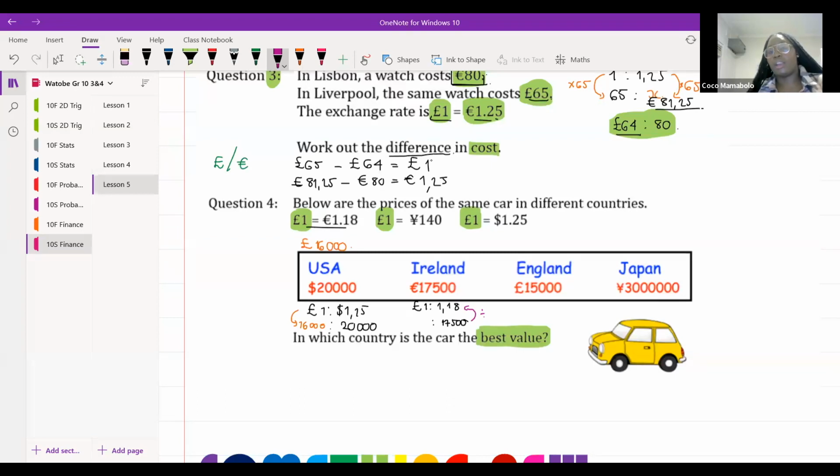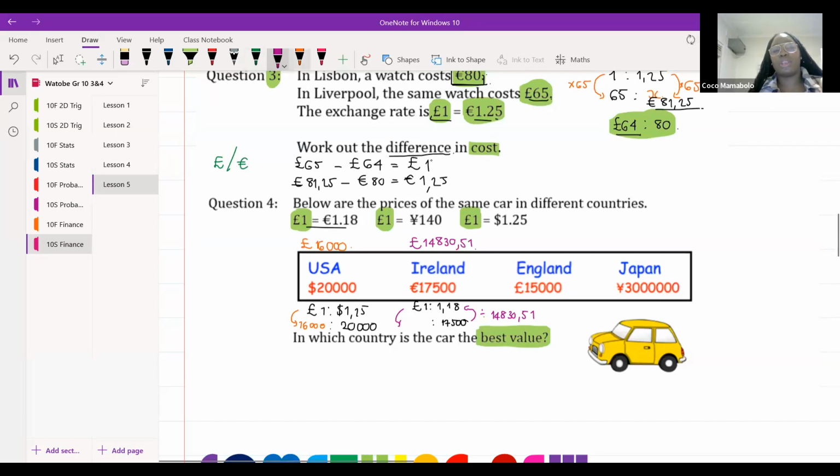Correct. Okay, 0.51 done there. Be very careful of your rounding off. Right. So 14,830.51. That means that if I have 17,500 euro, in pounds, that's the same as 14,830.